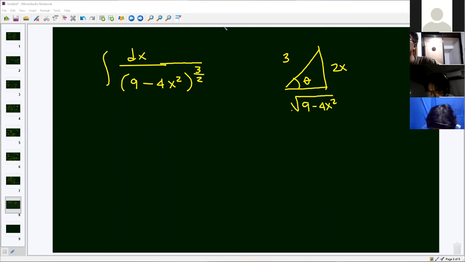Gwen? You hear, Gwen? Now you see, Gwen, no, trigo, kailangan pa rin hanggang calculus.